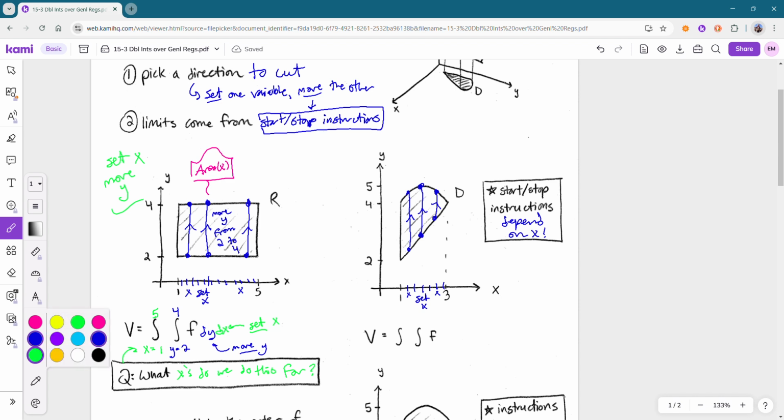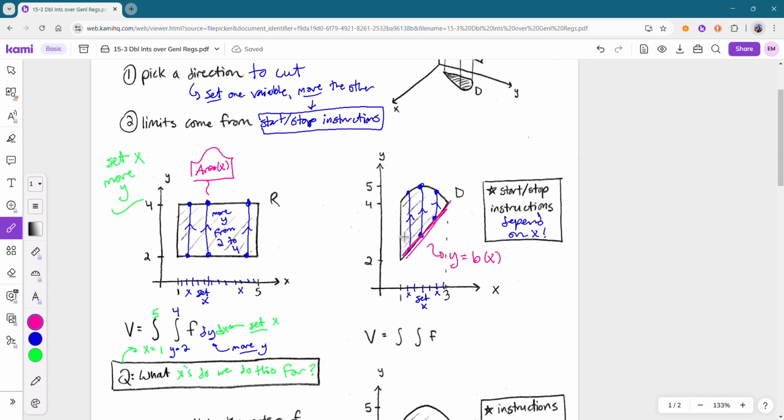However, our starting instructions always come from this line. And so our starting y values always come from that line's formula. They depend on x, and so it's some function of x, some b of x.